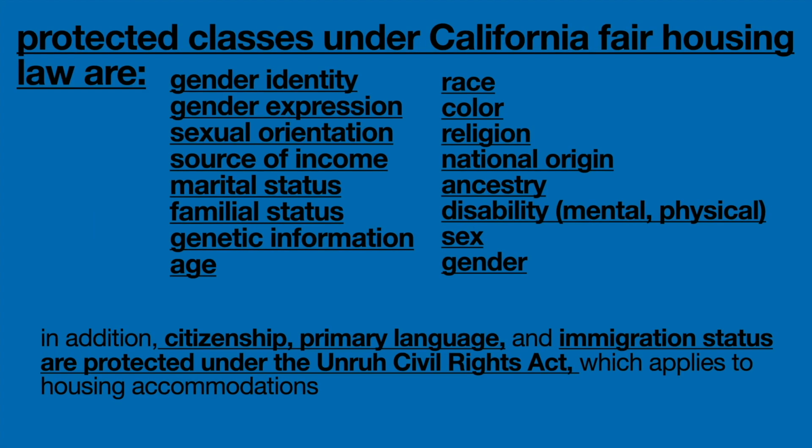Protected classes under California housing law are race, color, religion, national origin, ancestry, disability, mental and physical, sex, gender, gender identity, gender expression, sexual orientation, source of income, marital status, familial status, genetic information, age.